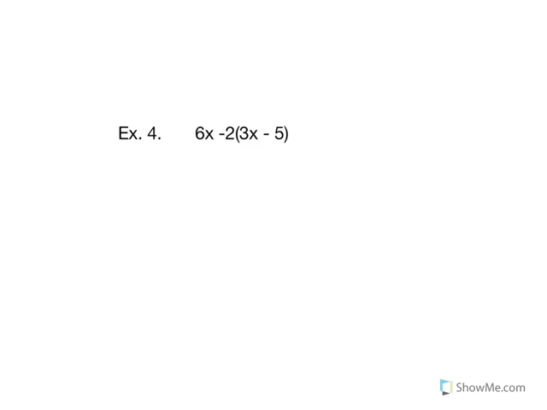When I look for possible distribution, I see that it's this -2 that's touching my parentheses. In fact, what that means is that it's the -2 that's going to get distributed inside the parentheses.